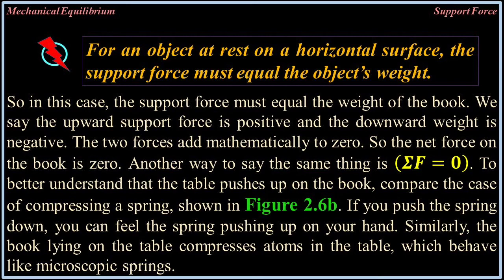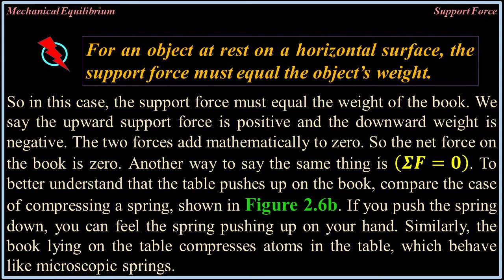To better understand that the table pushes up on the book, compare the case of the compressing spring, shown in figure 2.6b. If you push the spring down, you can feel the spring pushing up on your hand. Similarly, the book lying on the table compresses atoms on the table, which behave like microscopic springs.